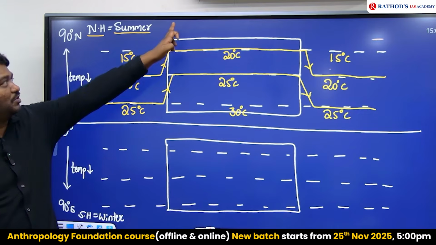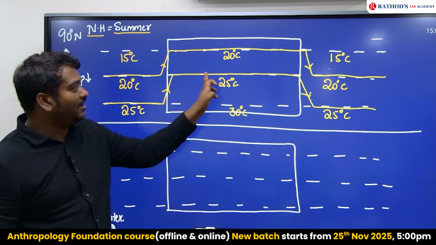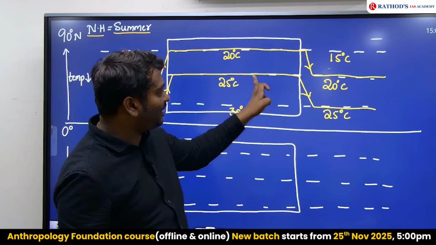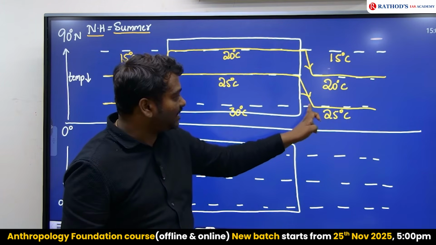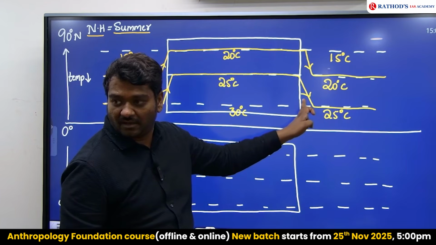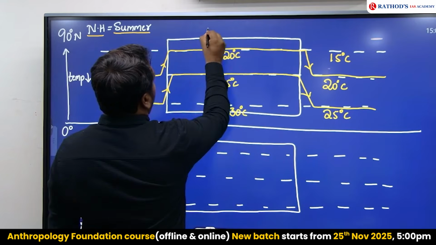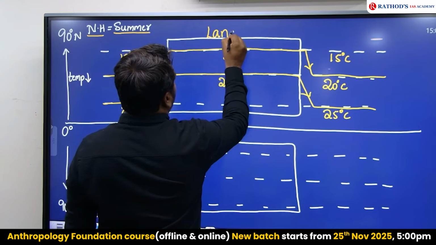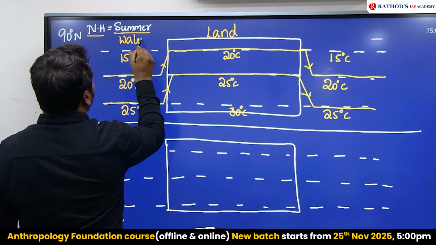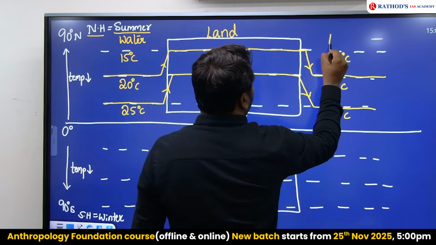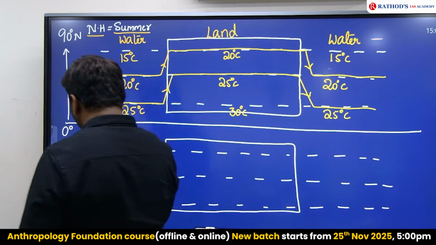Is it going towards the poles or towards the equator? Poles. When it is drawn from land to sea, it is coming southwards, or equatorward. This is the phenomenon that you normally observe.